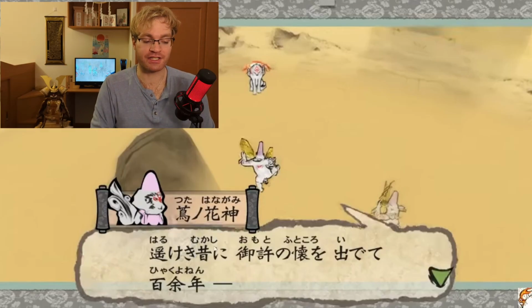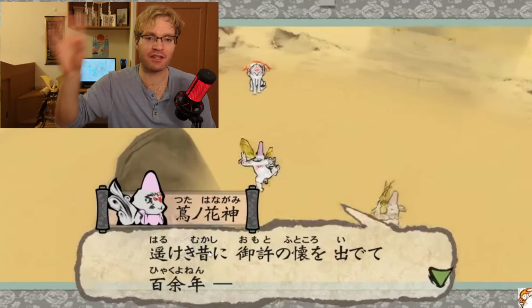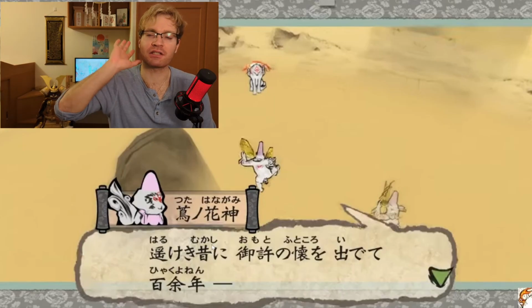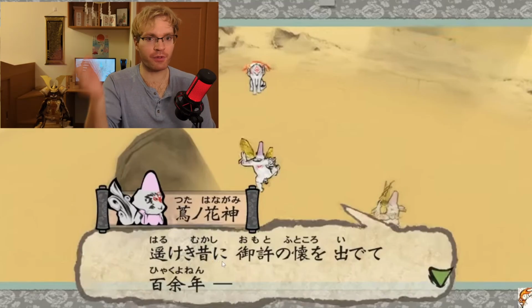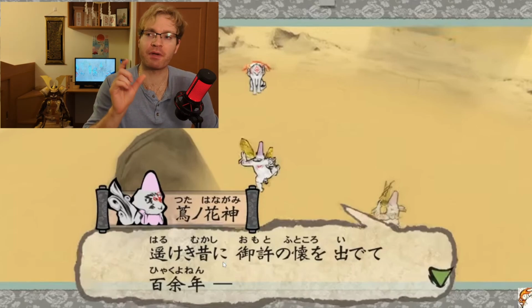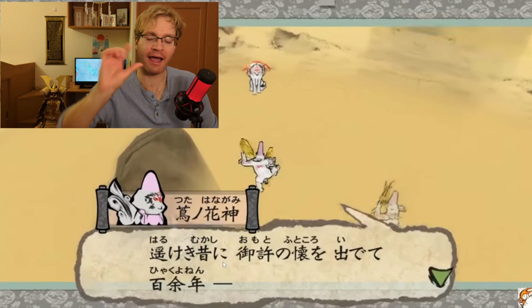Then we have mukashi. Mukashi just means the past, the distant past. Well, I don't know how distant the distant past is, but it is in the past. So harukeki mukashi means the very distant past, a long time ago. And then we have ni. Now this ni is different from the previous ni that we saw because this ni is the prepositional particle. Now what the heck is a prepositional particle? A preposition is talking about positions and movement, and it's adding information to that.